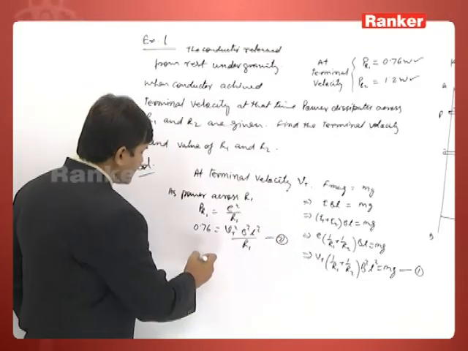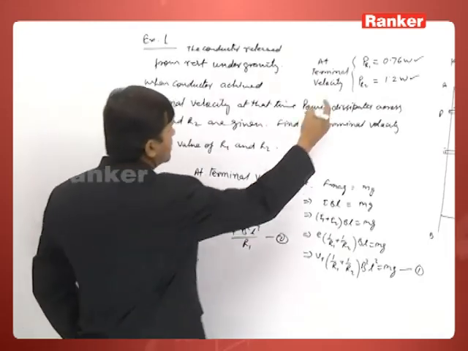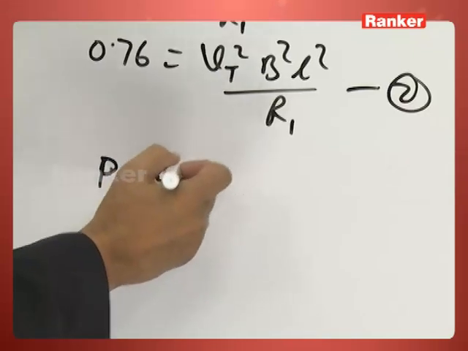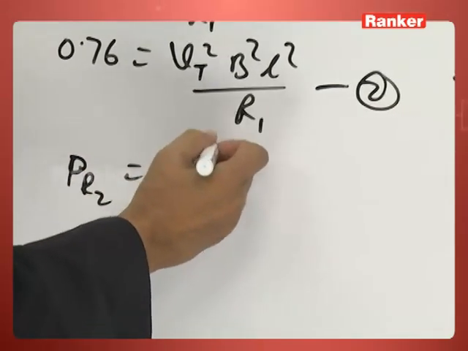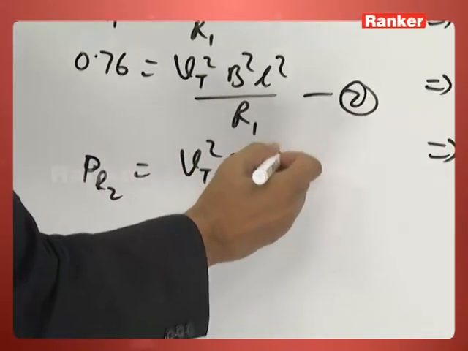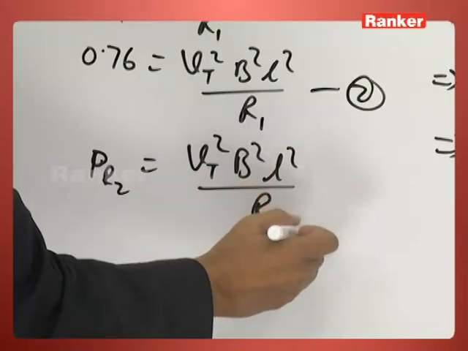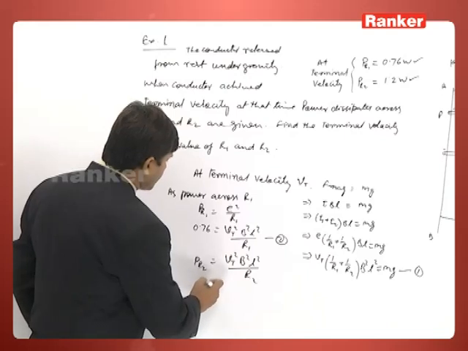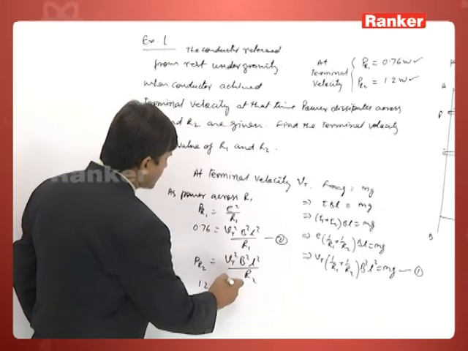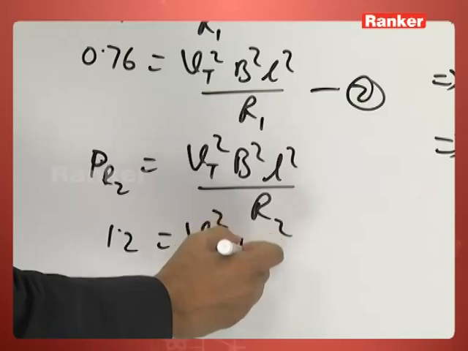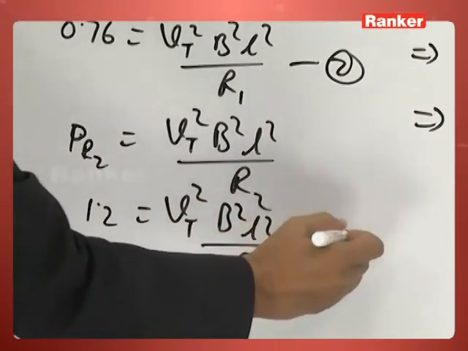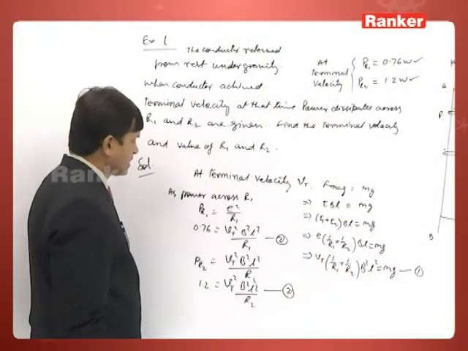Similarly, for P R2, we can write in the same way: Vt squared B squared L squared by R2. So power across R2 here is 1.2, which is equal to Vt squared B squared L squared by R2. This is your third equation.